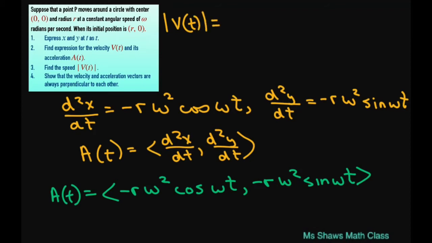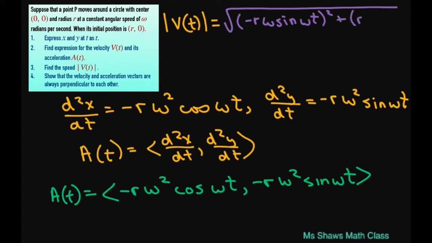So that's going to be the square root of what we had on the other slide: negative r omega sine of omega t, squared, plus r omega cosine of omega t, squared. All right, let's factor out our r omega squared.